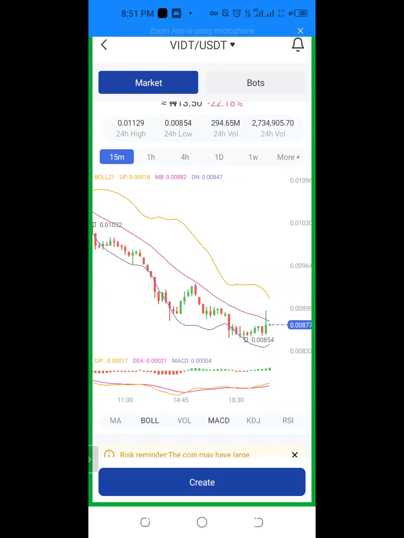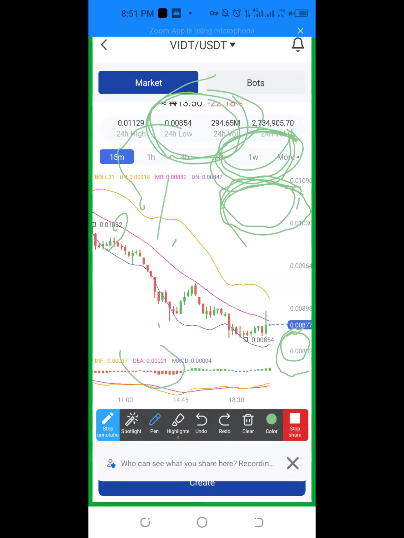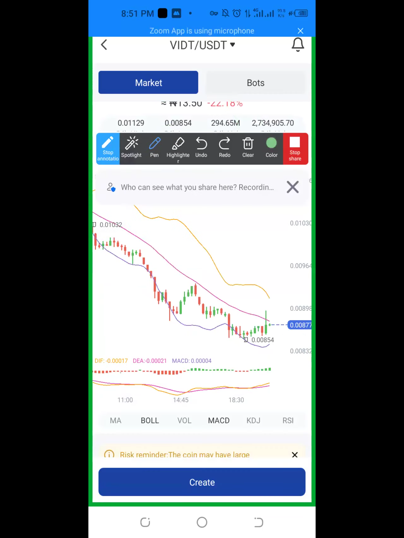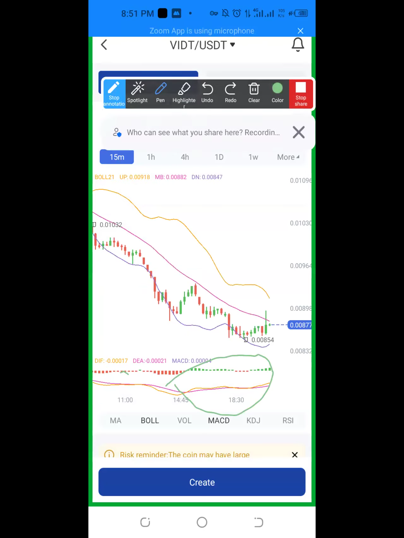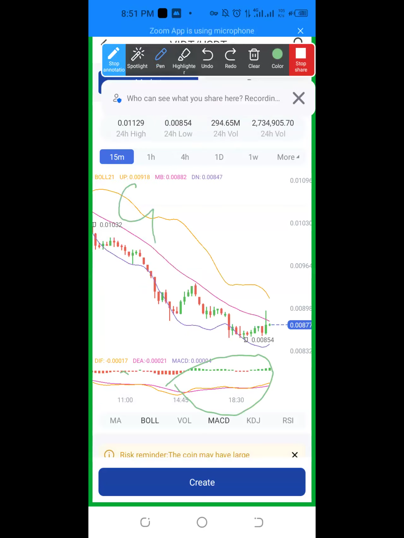Now, on the 15-minute chart here, we are focusing on the MACD indicator. In the MACD indicator, we have what we call the golden cross and the dead cross.